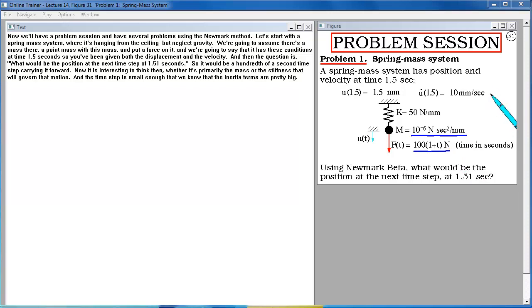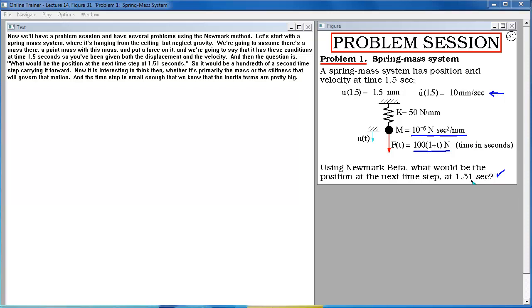We're going to say that it has these conditions at time 1.5 seconds, so you've been given both the displacement and the velocity. The question is, what would be the position at the next time step of 1.51 seconds? So it would be a 100th of a second time step carrying it forward.